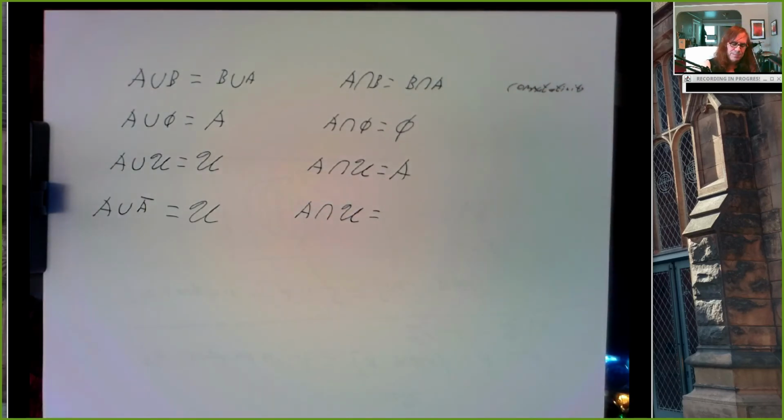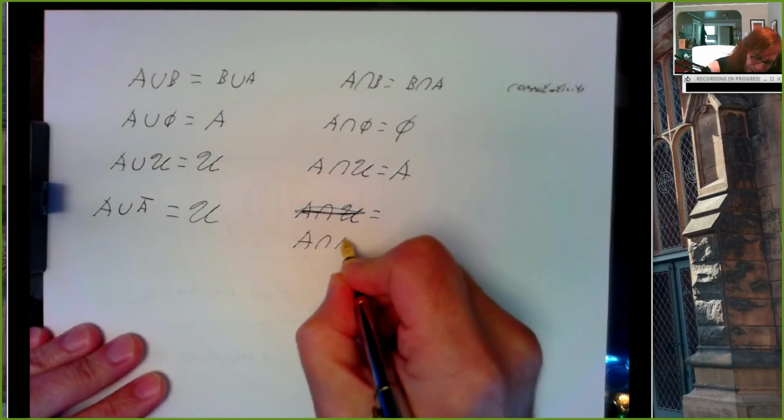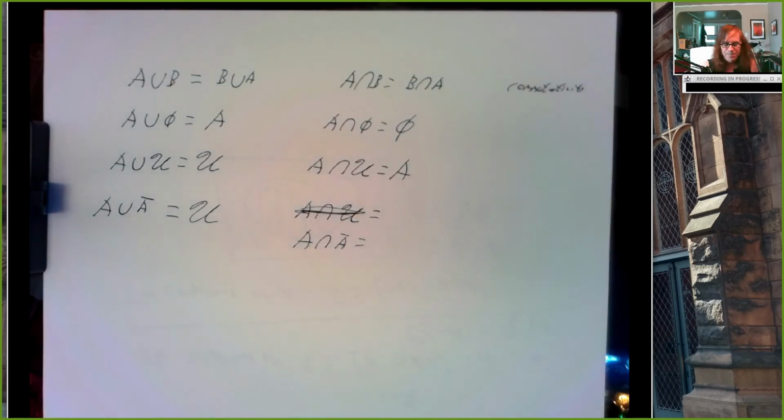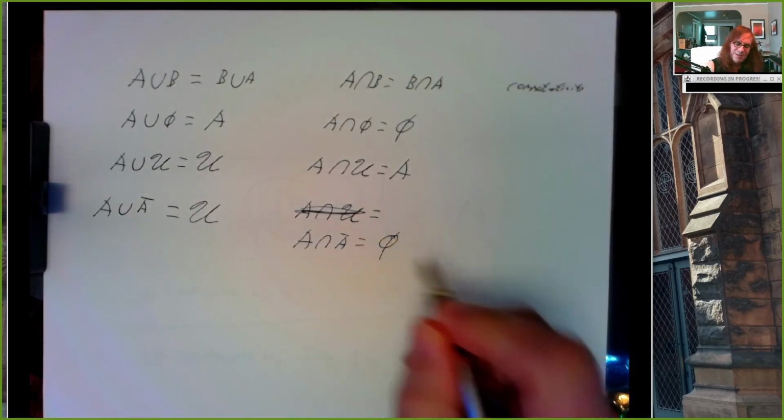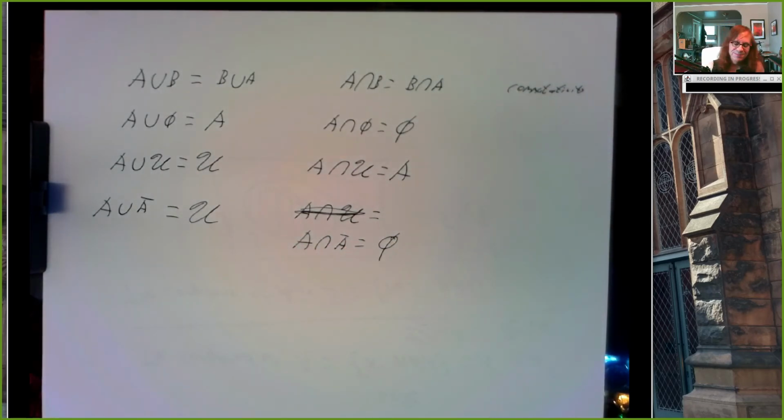So we did that. What about A intersect the complement of A? Null set. That's the null set. Everything that's in A and not in A, well, there's no such element. So that's the empty set.